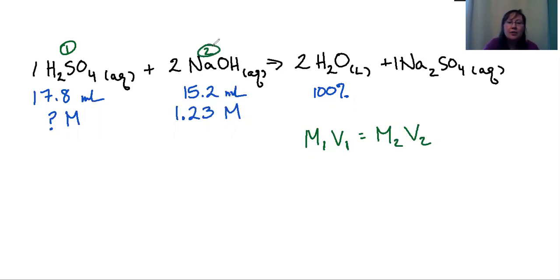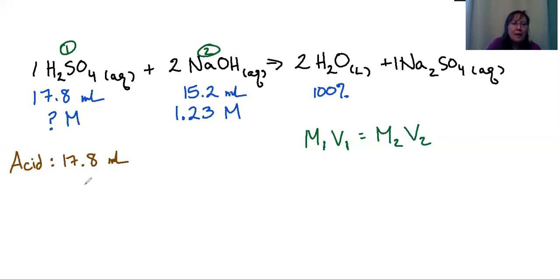Now what we need to do is determine what each one of these is going to be. So for our acid, the volume is 17.8 milliliters. And we have this H2, we're going to look at that later.